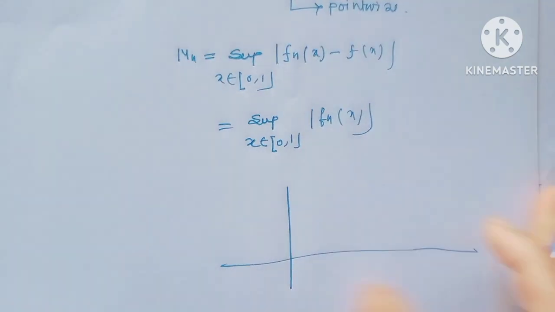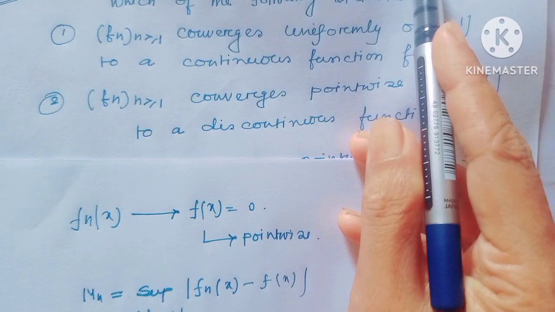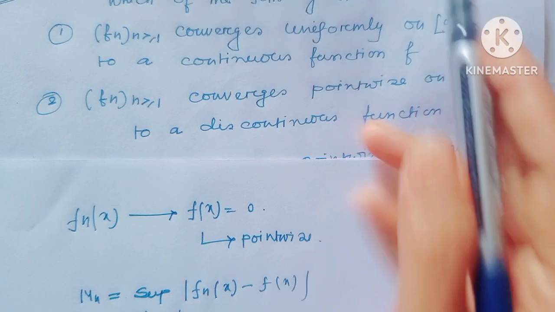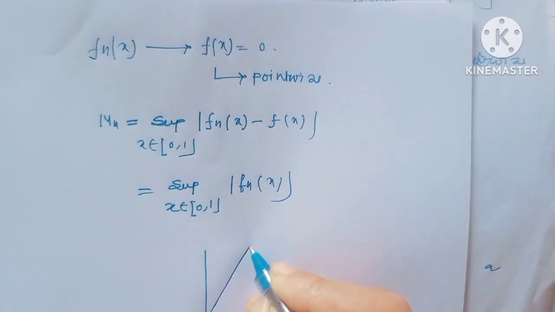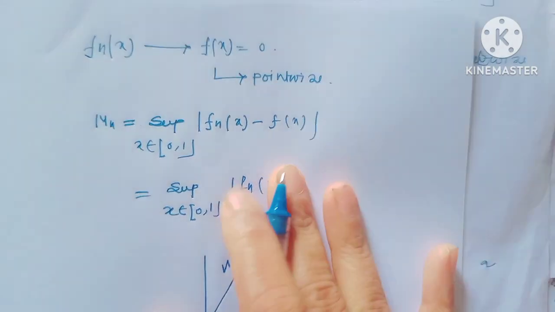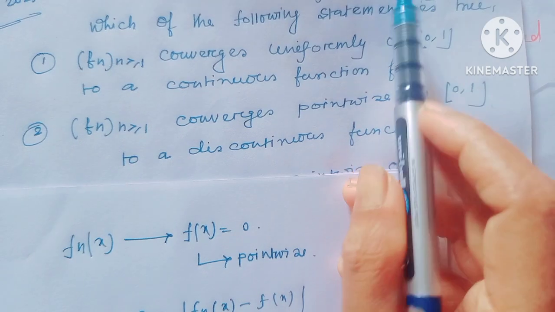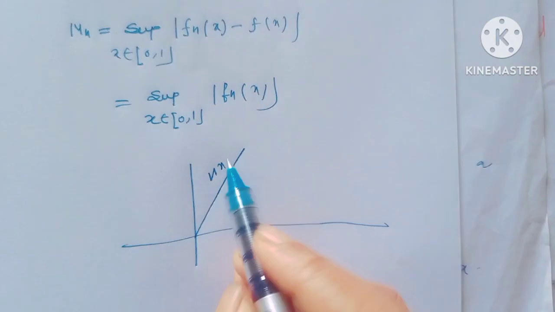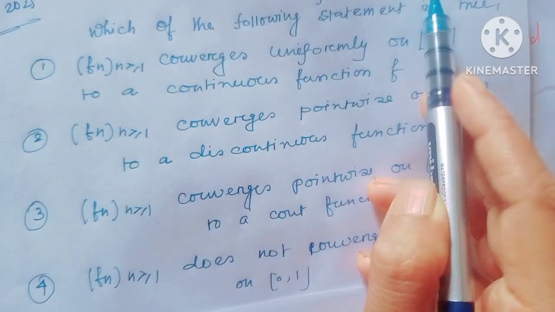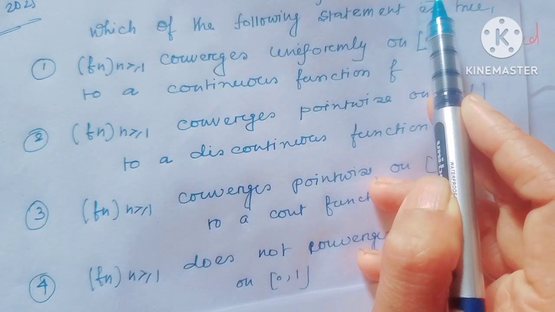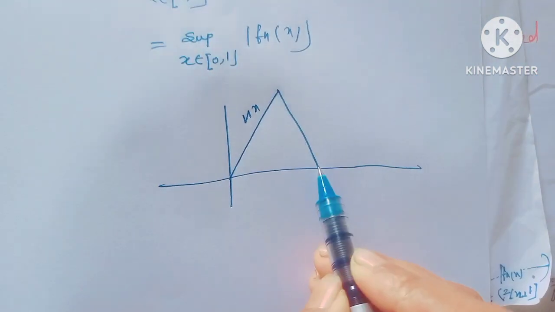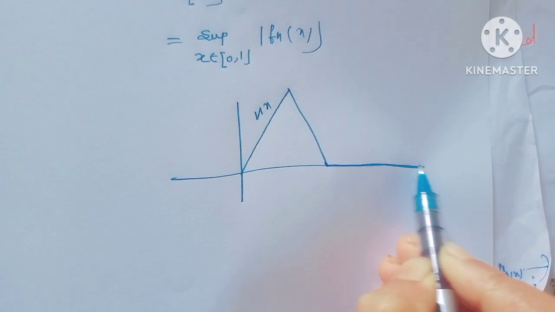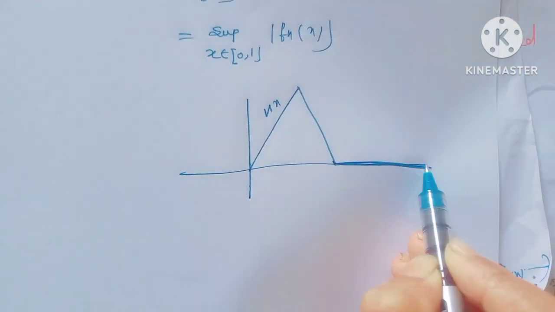The graph looks like nx first, then 2 minus nx, and in the interval 2 over n to 1 the value is 0.